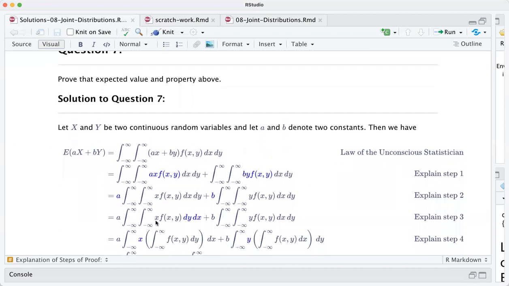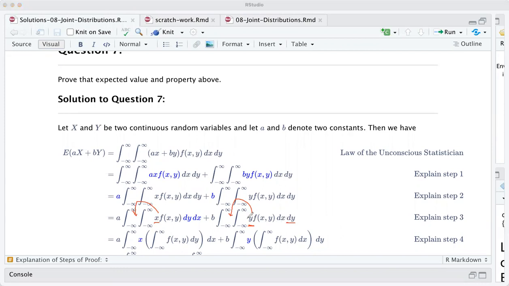Now I'm just going to pull out my x that I have right over here. And I can do the same thing with the y value over here, and I can pull this out. I can't pull it out of the entire integral because I still have integration with respect to y, but at least I can pull it out of the inner integral because the inner integral is being performed with respect to x.